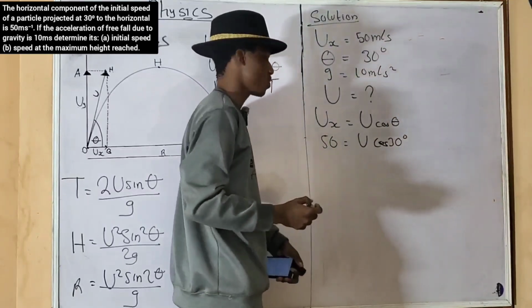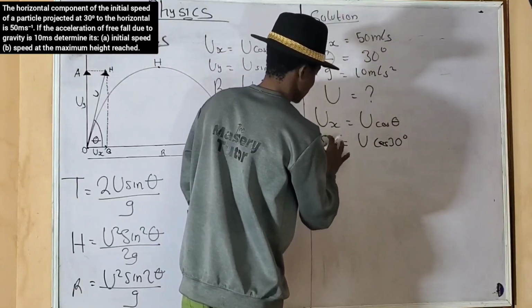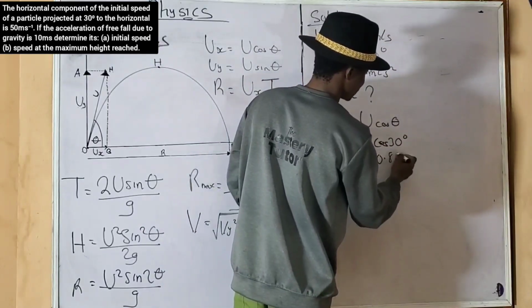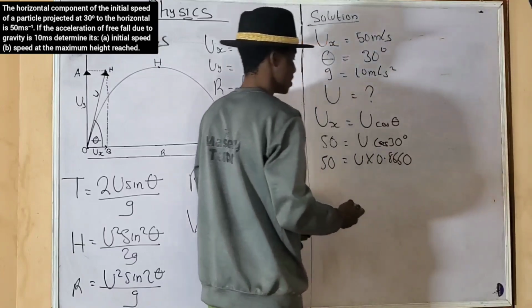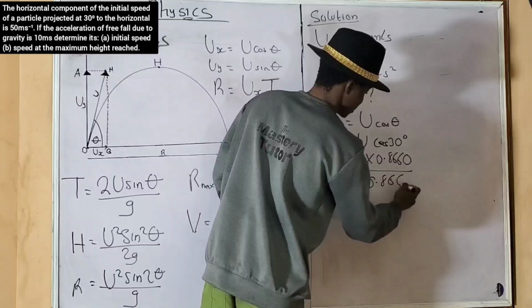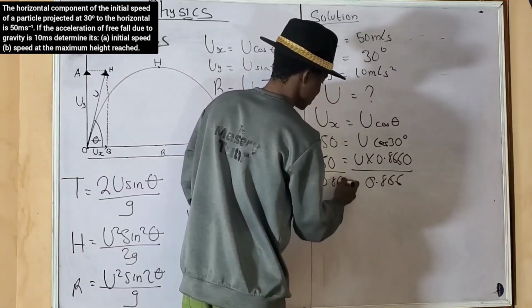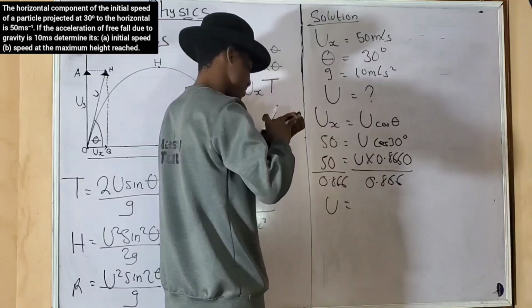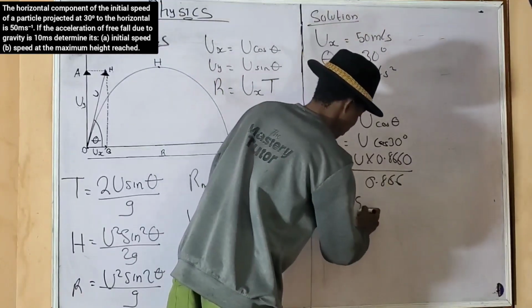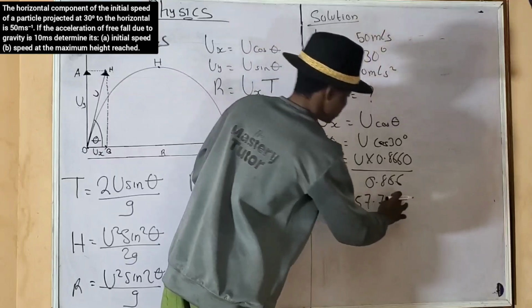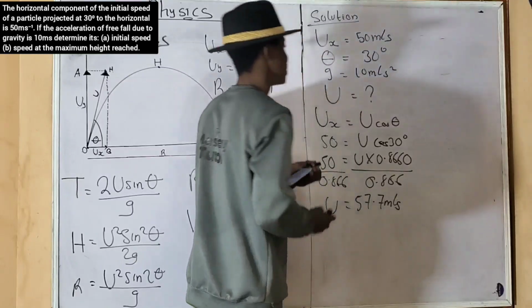So 50 is equal to u multiplied by 0.8660. To get the value of u, divide by 0.866. u is equal to 57.7 meters per second. Okay, we are done with the first question, which is the initial speed.